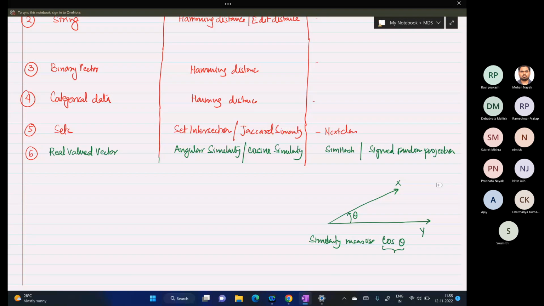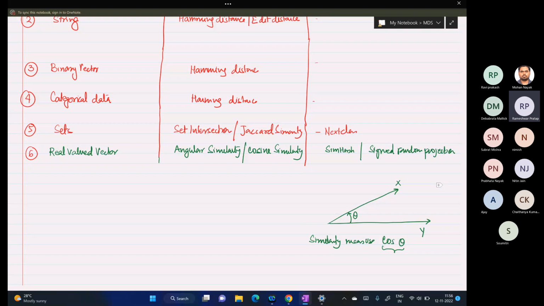So when we already have, say, Euclidean distance for real valued vectors, what is the motivation of going for another similarity measure? Any idea? Euclidean doesn't scale well for high dimensions. It scales well, but what I'm trying to say is that Euclidean distance does not correctly capture cosine similarity, right?